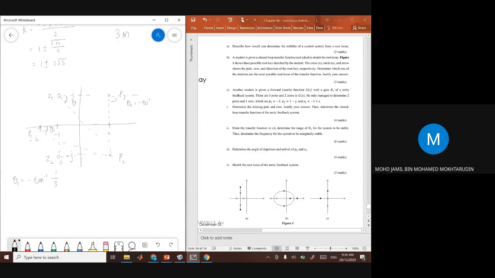And then the angle from Z1. So Z2 is 0. So angle Z1 equals minus tangent inverse of 2 over 2, 45 degrees.